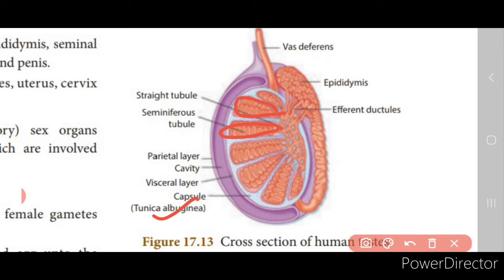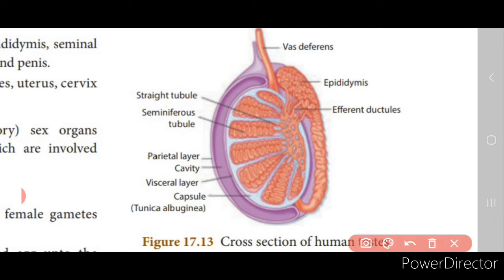Now here you can see pyramid like structures, isn't it? These are called septa. Each septum will divide the testis into lobes. These are the pyramidal lobes, isn't it? Inside them you can find tube-like structures here.